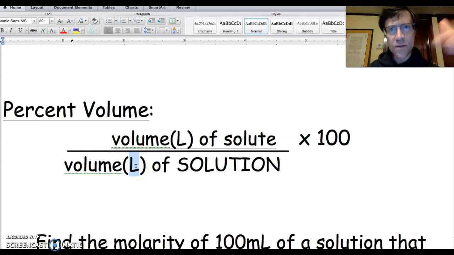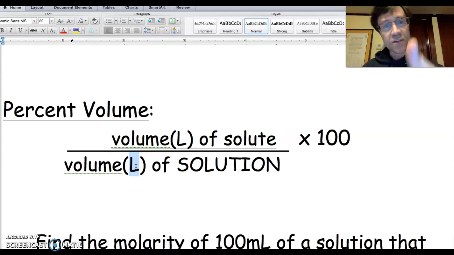Okay, so molarity, moles per liter. Pretty simple. The way they're going to mess with you with that is instead of giving you moles, they might give you grams. Instead of liters, they're going to give you milliliters. Okay. Then you have parts per million and percent composition. All three of these things are almost exactly alike. The only difference with parts per million is that you're multiplying it by a million instead of 100.